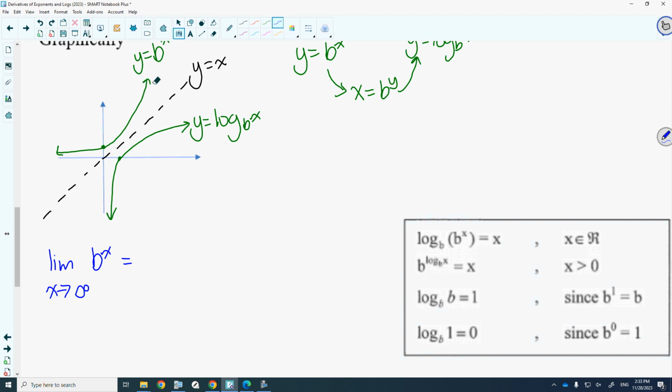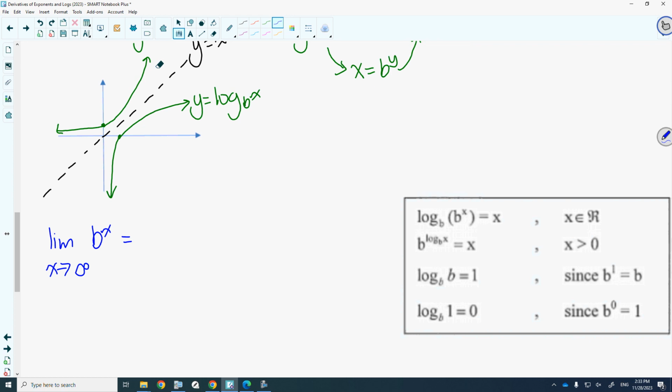Yes, so this limit would be approaching infinity. Then we said, okay, the limit as x approaches negative infinity of my exponential function, it's a growth graph. What would the limit be approaching if x is approaching negative infinity? 0.